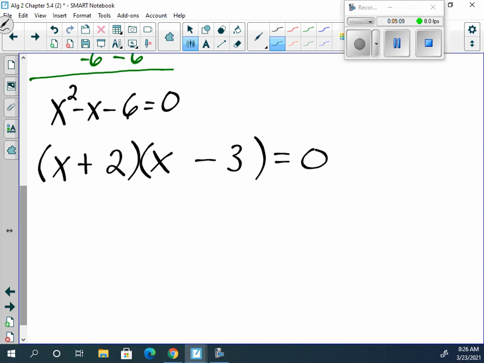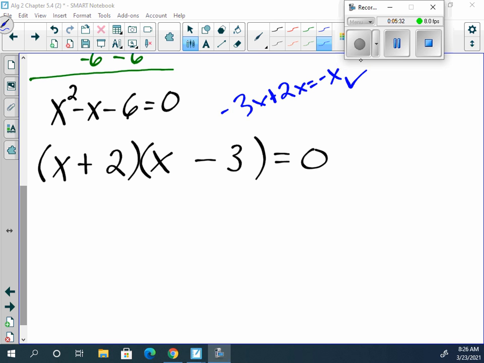And if we check this, x times negative 3 would be negative 3x, and 2 times x would be plus 2x, which would give us a negative x, which is what we wanted. Questions on this here? Can you show me the quadratic formula? Yes.